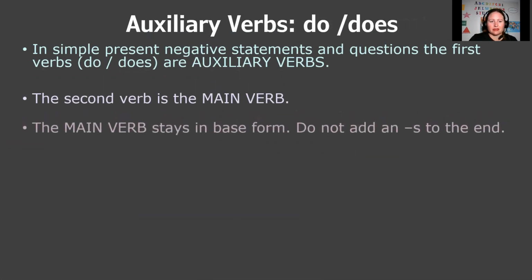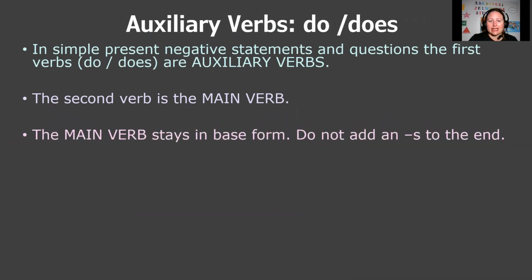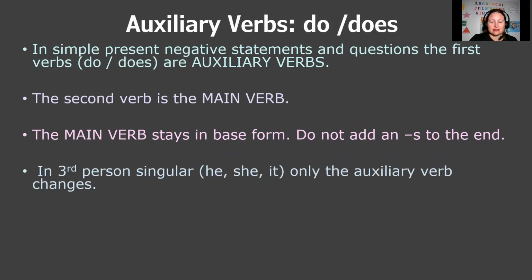The main verb stays in base form. That means you do not add an S to the end of the main verb. In third person singular, he, she, and it, only the auxiliary verb changes, meaning you use does instead of do.